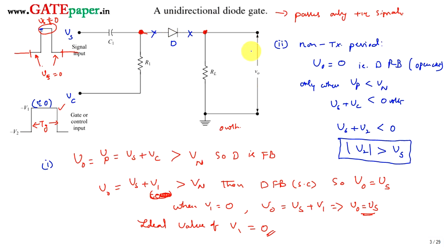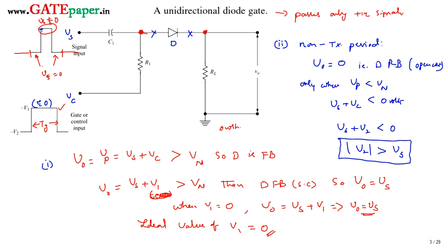Then only you will get output equal to 0. That can be treated as the non-transmission period. So the condition is that the magnitude of V2 should be greater than Vs, so that the effective value is always negative at the P side of the diode during the non-transmission period. These are the two conditions.